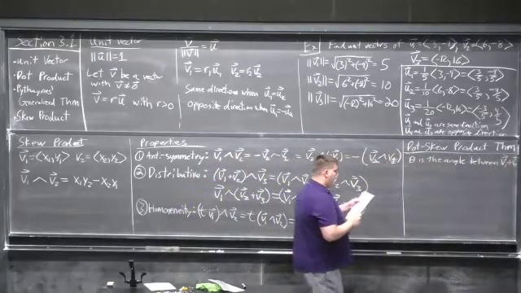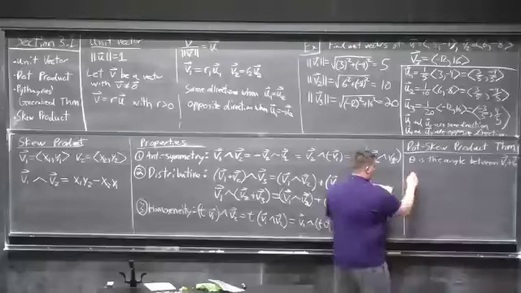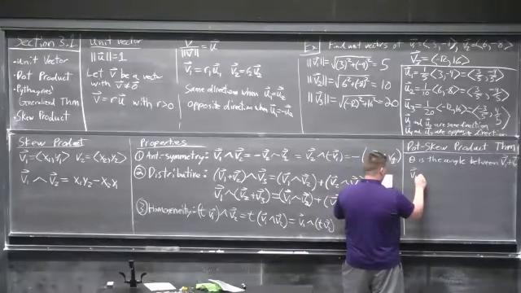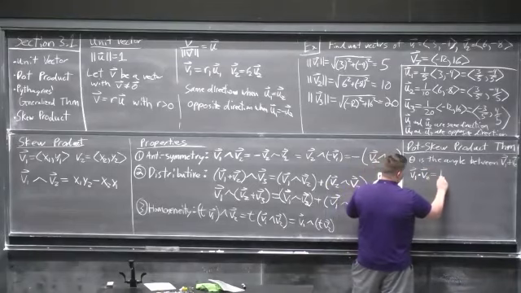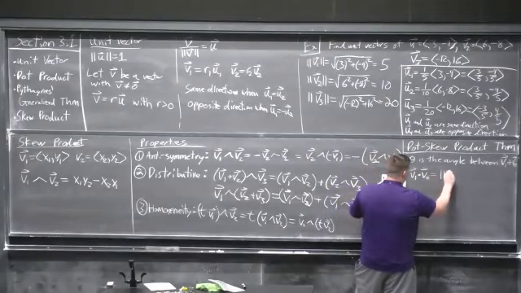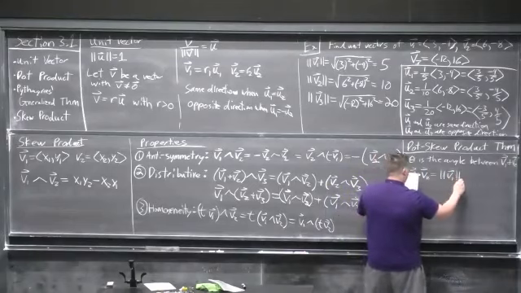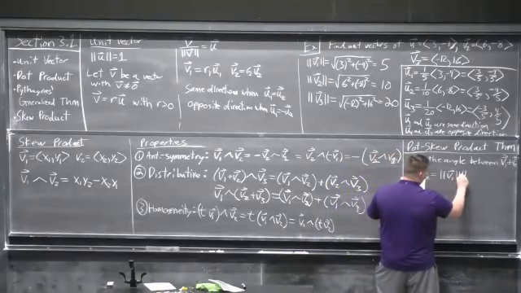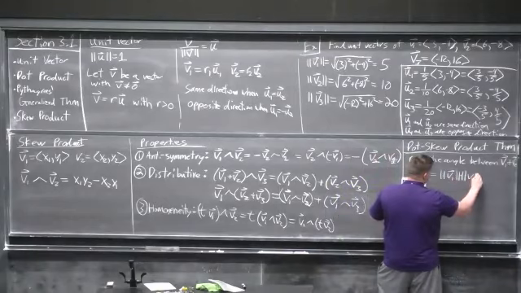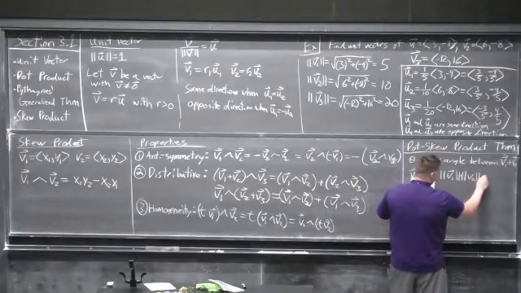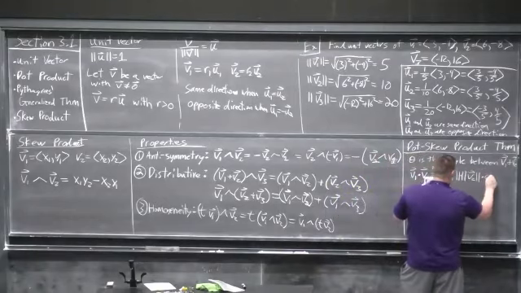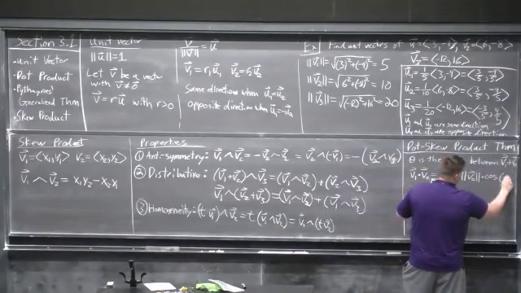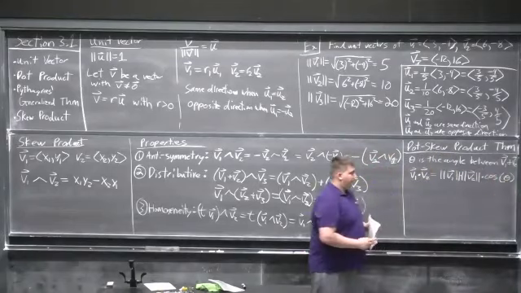And we're going to say that V1 dot V2 is equal to the magnitude of V1 times the magnitude of V2, and we're going to times this by the cosine of theta.